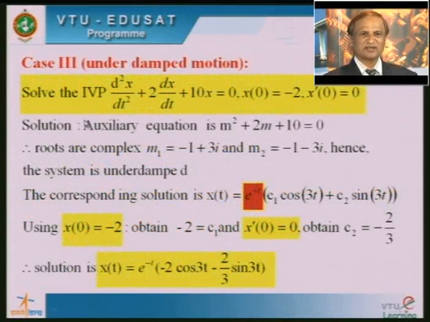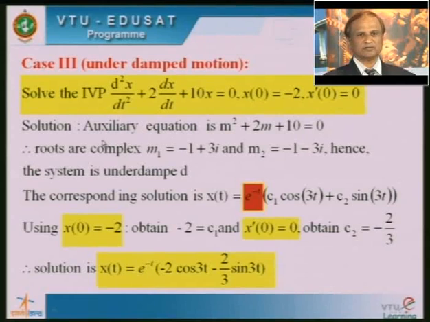We can solve one such example, in this form: d square x upon dt square plus 2 times dx by dt plus 10x is equal to 0, x of 0 is equal to minus 2, x prime of 0 is equal to 0. So in the usual form we can write down the auxiliary equation.